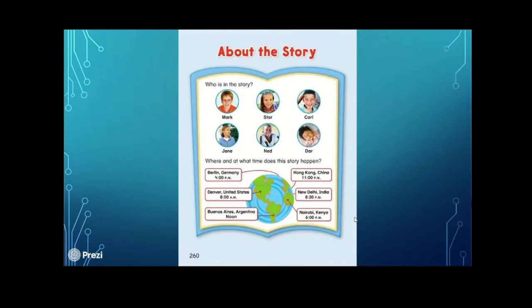So this is about the story. So first question, who is in the story? As you can see, there are different characters. And as I told you before, different kids around the world. You have Mark, Star, Carl, Jane, Ned, and Dar.